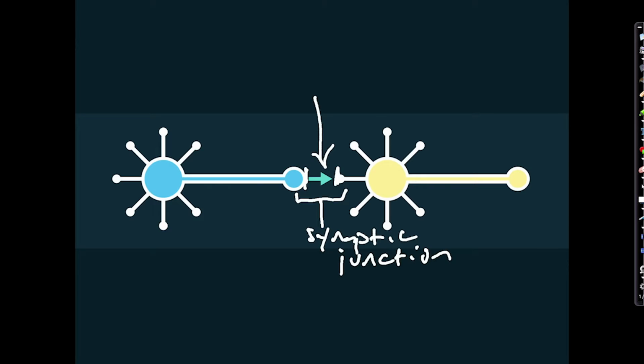This is called the synaptic cleft. There it is. So that's the gap between the bouton and the dendrite of the next neuron.